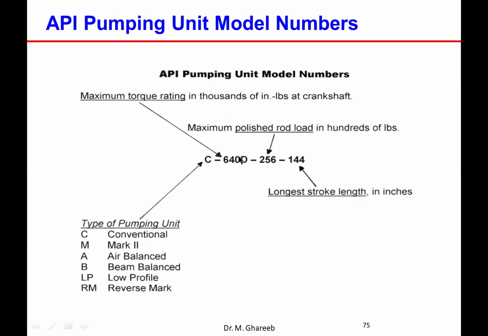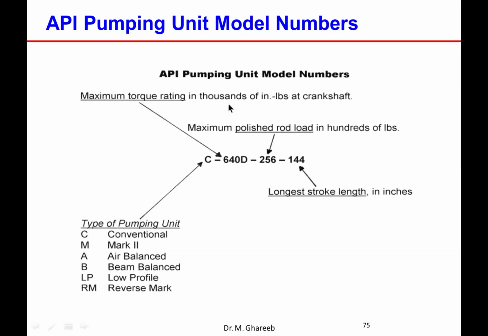I choose the gear reducer capacity based on well loads and how much stroke is going up and down. The second number indicates the maximum rated torque of this gear reducer, usually rated in thousands of inch-pounds at the crankshaft of the pumping unit.